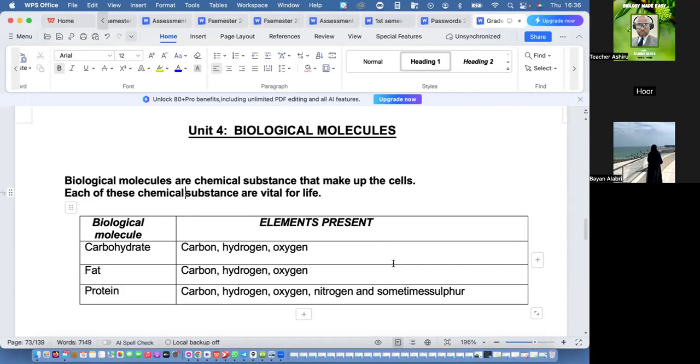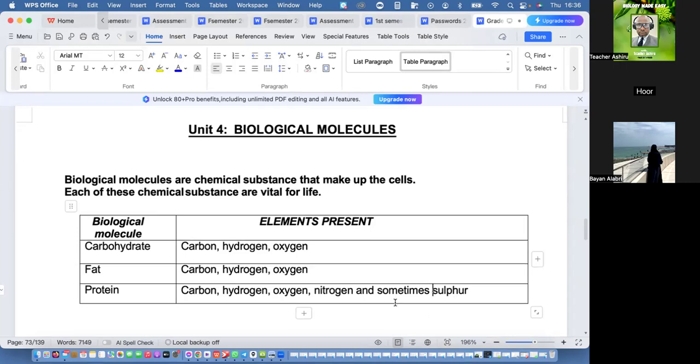But protein has additional nitrogen and sometimes sulfur. So just know that the most common elements in the three biological molecules listed here are carbon, hydrogen, and oxygen.